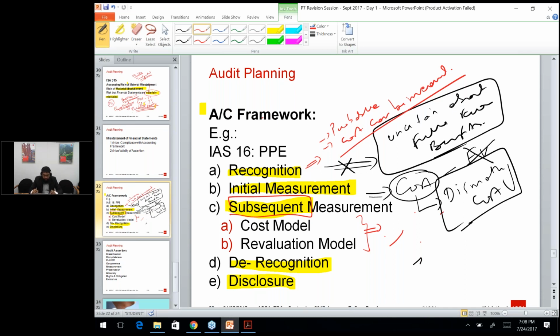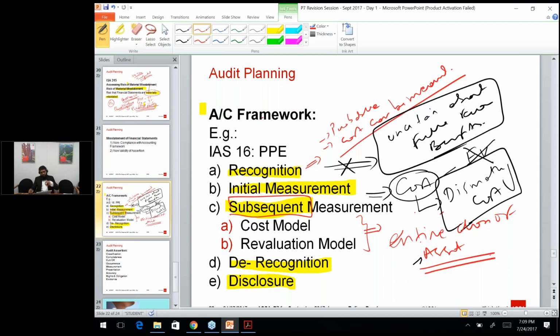IAS 16 also states that the entire class of asset shall be measured using the same model. Now where could the misstatement arise? It could arise with respect to selective application. At times entities don't recognize the whole class of asset on the same model.